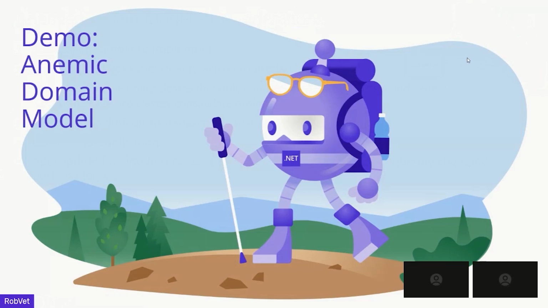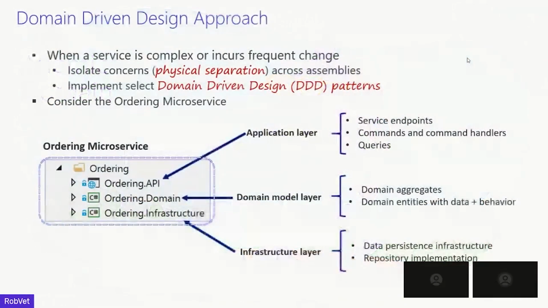So we saw the anemic domain model. What about using more of a domain-driven design approach, right? If I have a service that is complex, and most services have a lot of complex business logic, or it's changing a lot, I might want to think about isolating my concerns.